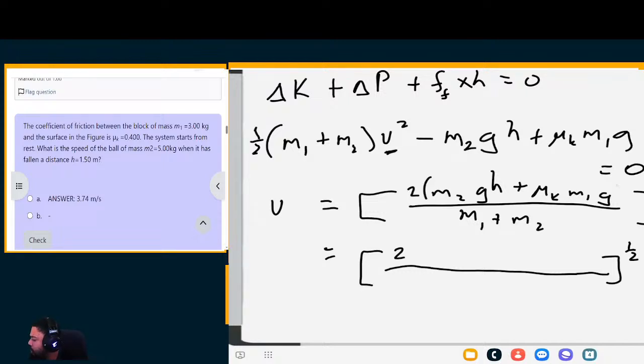By the way, this 2 should be multiplying the whole thing, so it should be 2 multiplied by the mass of 2, which is 5, the block m2, multiplied by 9.8, which is g, multiplied by h, which in this case is 1.5.